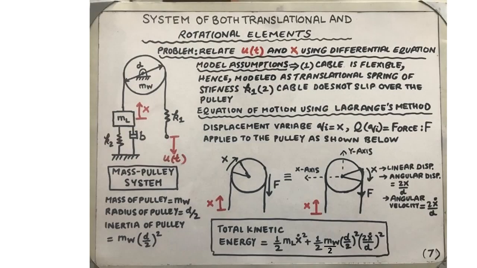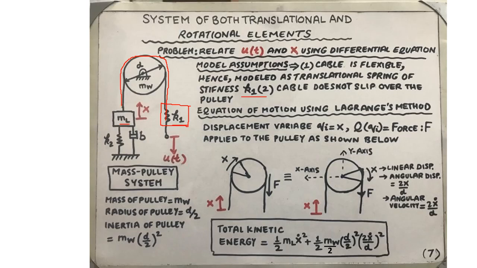The next example contains a pulley lifting some mass ml by means of a rope that loops around the pulley. The rope is extensible, meaning that it has some flexibility, which is modeled as a translational spring of stiffness K1.